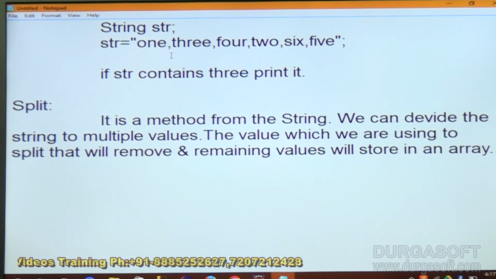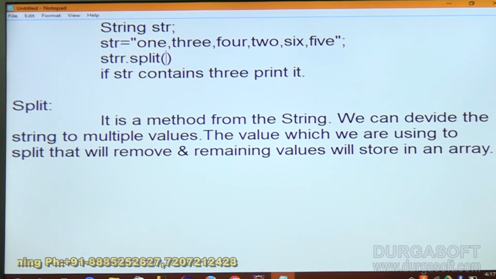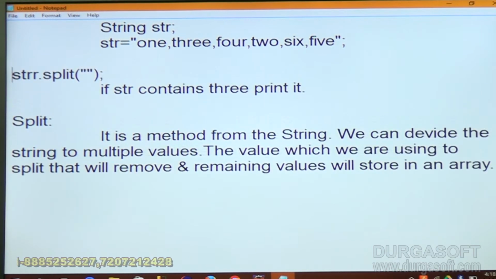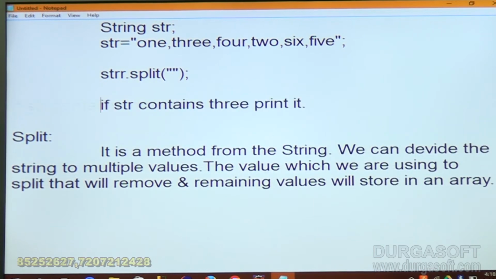Means here we have the split function, so str dot split. In this we can give some value. This is the concept. Whatever common value is there you can give. Here comma is there, every word has a comma. So if we give the comma, the comma will be removed and all the values will be stored in an array.